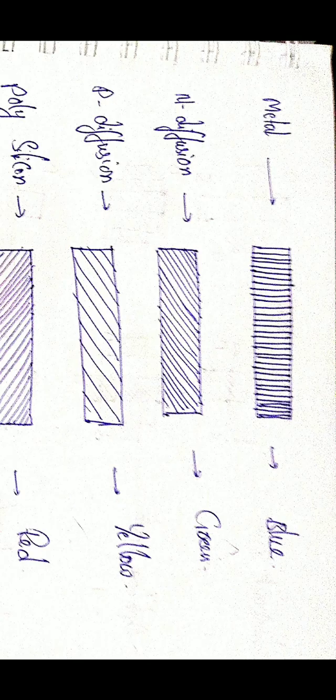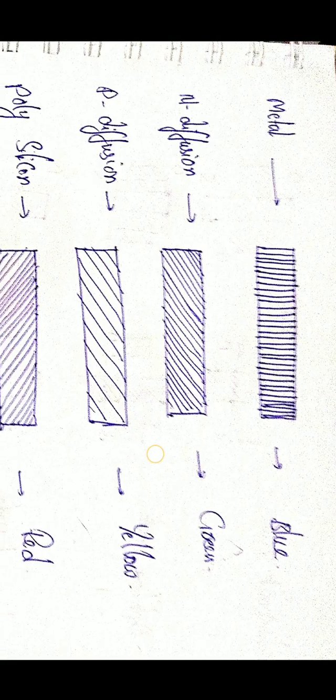These are monochrome, so we differentiate the different layers using monochrome patterns. If we want to draw it in color, we indicate it with colors.